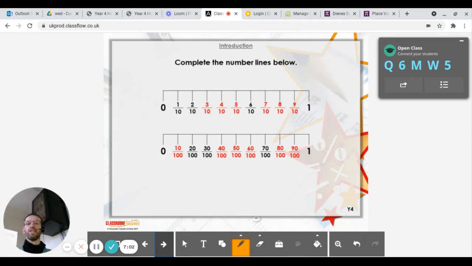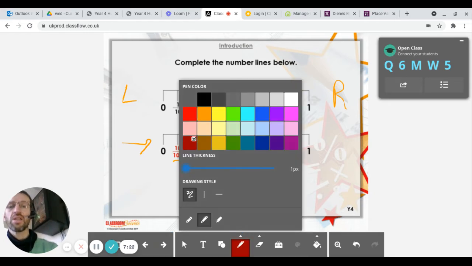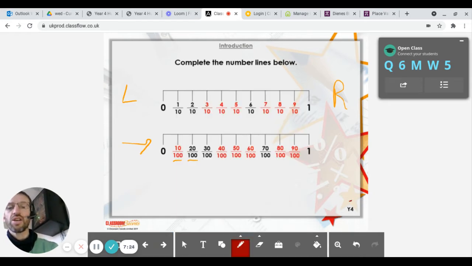Exactly. So we're counting in even steps along a number line from 0 to 1, starting from the left-hand side of the screen to the right. Tenths we know, and in the hundredths we have 10 hundredths, 20 hundredths. I want you to say them out loud as I circle them in this brick red colour.